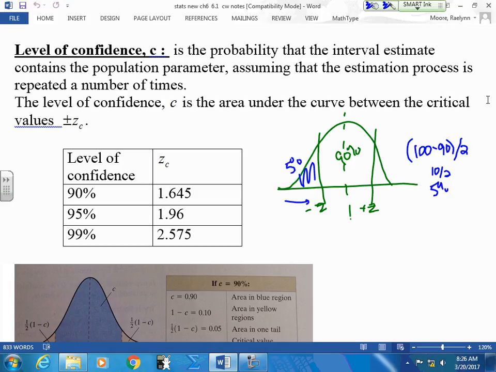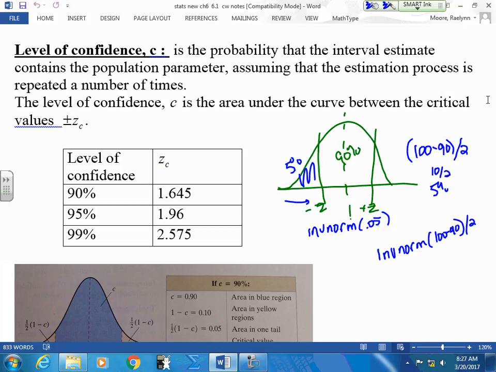So when I look this up, I'm doing inverse norm 0.05. And didn't we say our inverse norm can do this for us? Our inverse norm can take 100 minus 90, as long as we use parentheses, divided by 2. It could find me that z-score.